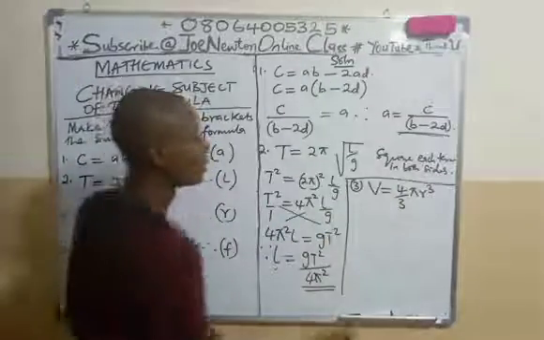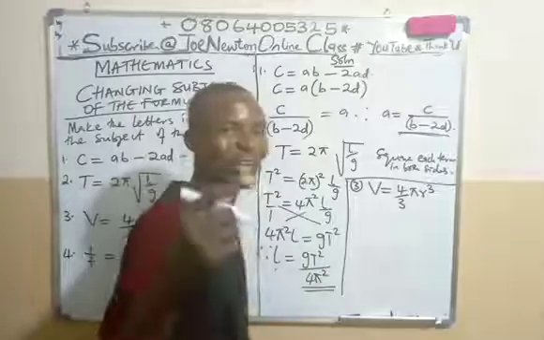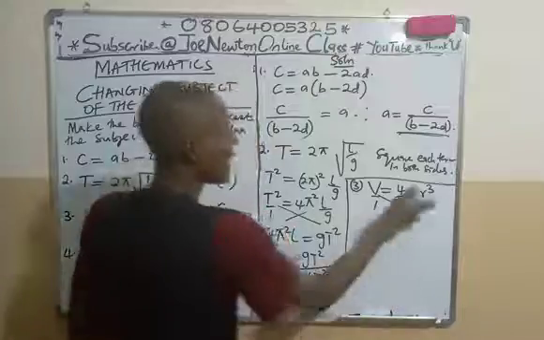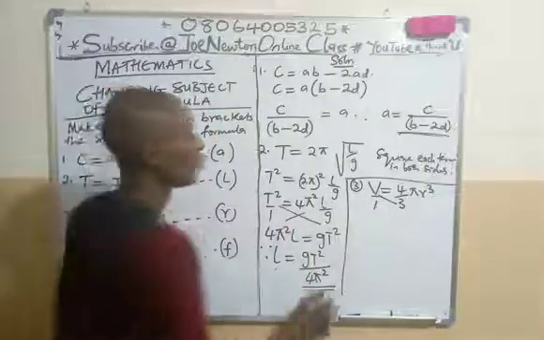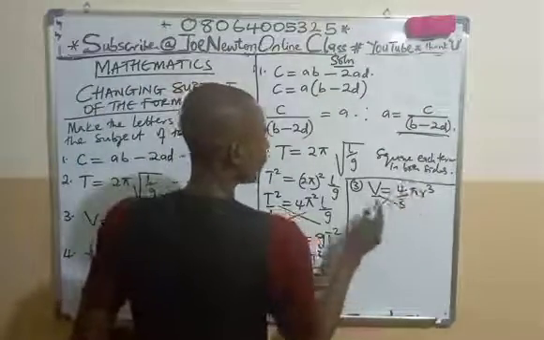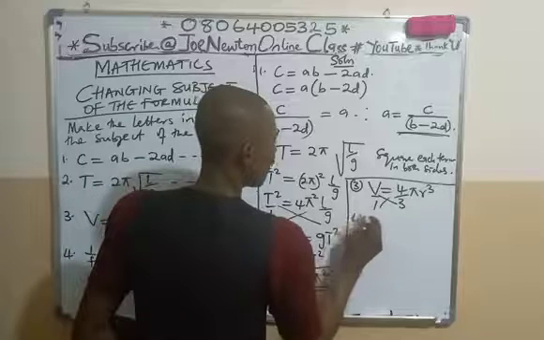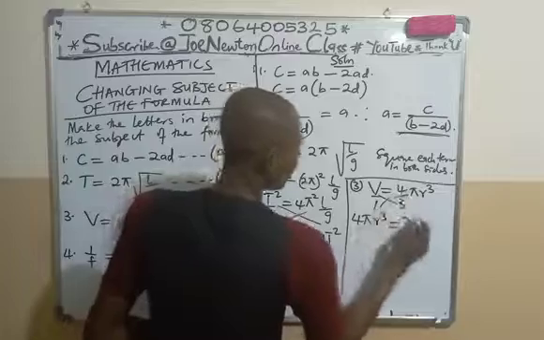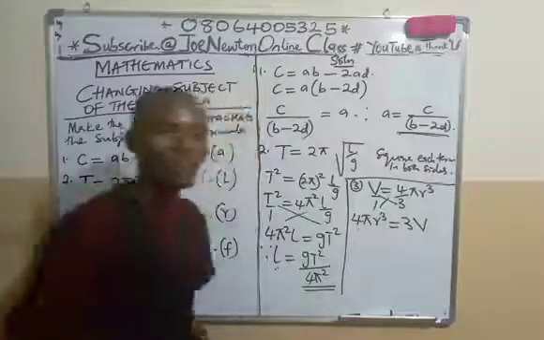So very simple. The first thing we do here is to clear the fraction. So this is over 1, and we are expected to make r the subject of the formula. When you clear the fraction, 3 times this, 1 times 4 pi r raised to power 3, equals 3 times V, 3V. Then it is now linear.